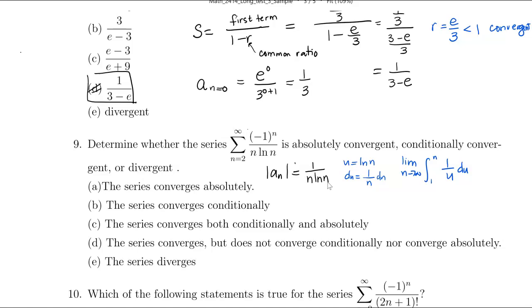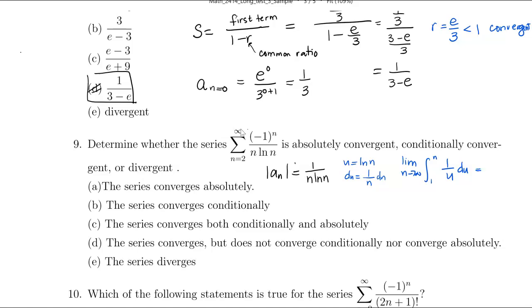Now, why can I use the integral test here? It's obvious that this term is non-increasing, because the numerator is constant and the denominator is increasing. And also, we know that these are all positive because n starts from 2 up to infinity. So all of the conditions for the integral test have been checked, and I could use that.